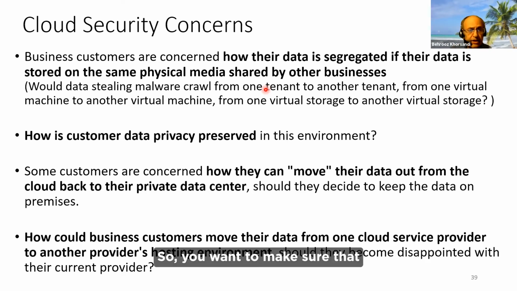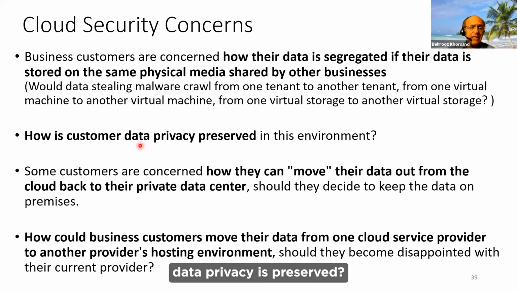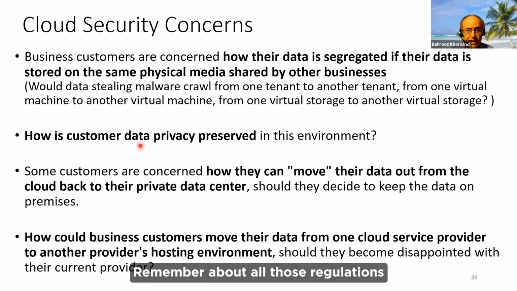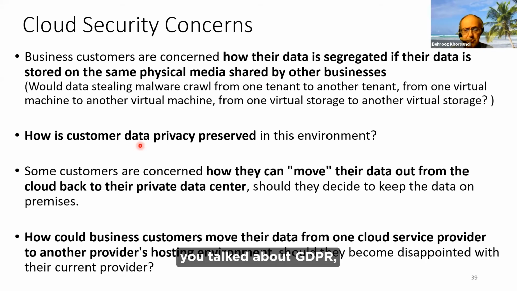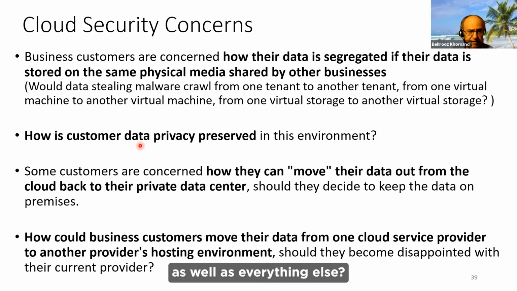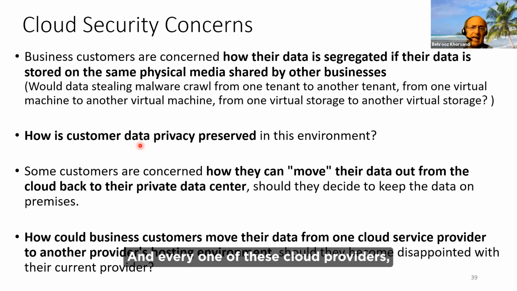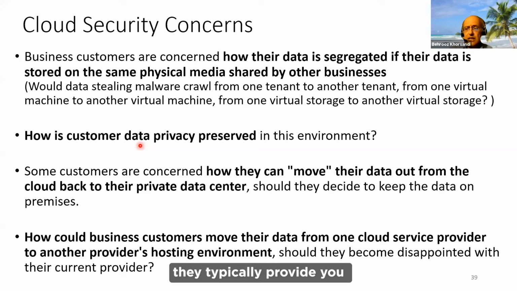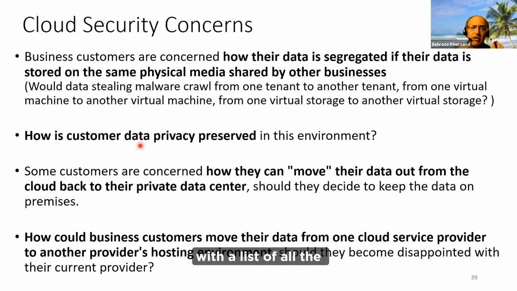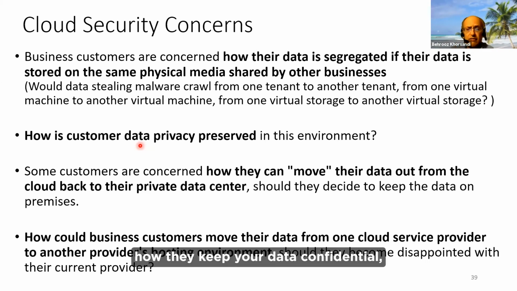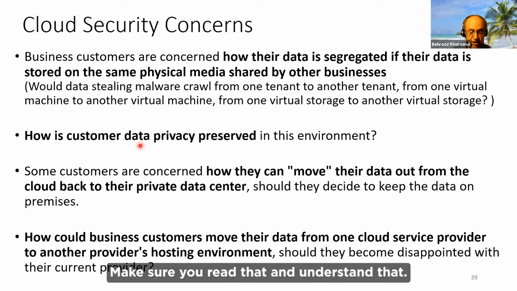So we want to make sure there's no data leakage. How do we make sure data privacy is preserved? Remember all those regulations we talked about, GDPR, as well as everything else? How is the data privacy? And every one of these cloud providers typically provides you with a list of how they keep your data confidential, how they process your data, and what they do with your data. Make sure you read that and understand that.